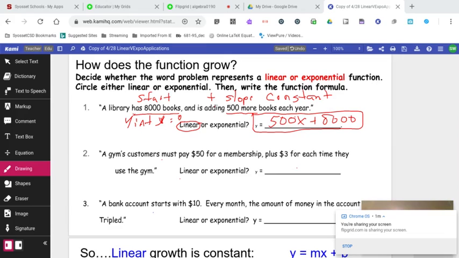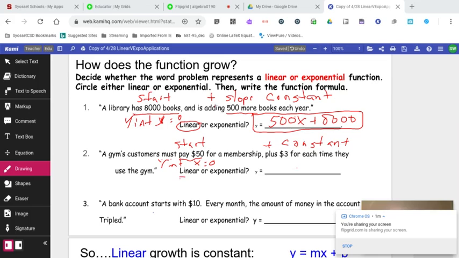Second example, same thing. We have a gym where customers must start by paying $50. That's your y-intercept at time 0, when x equals 0. And plus, they constantly are adding $3 each time they use the gym.